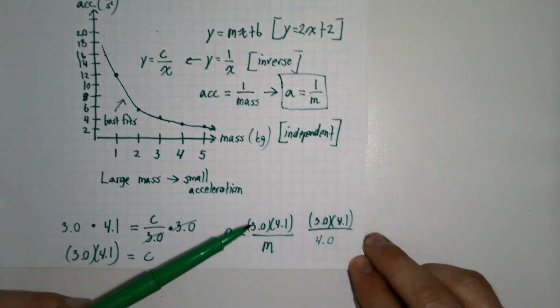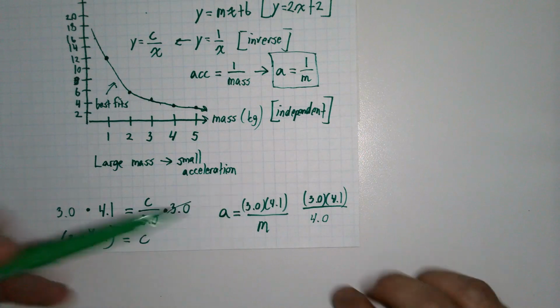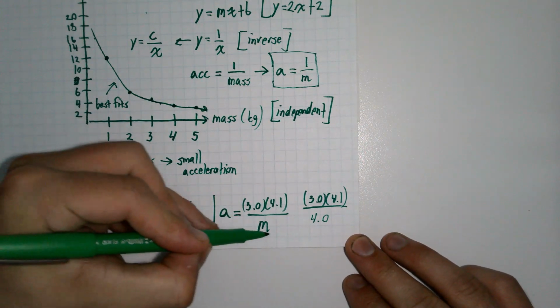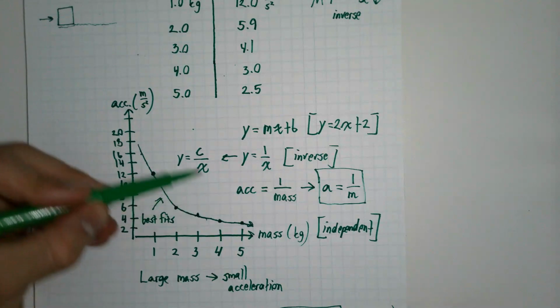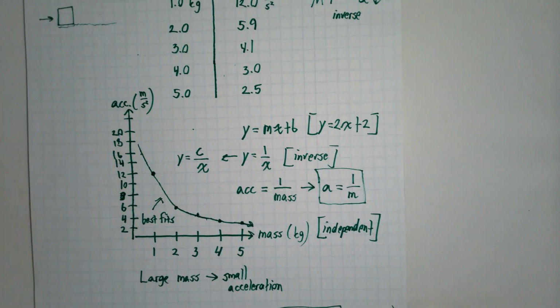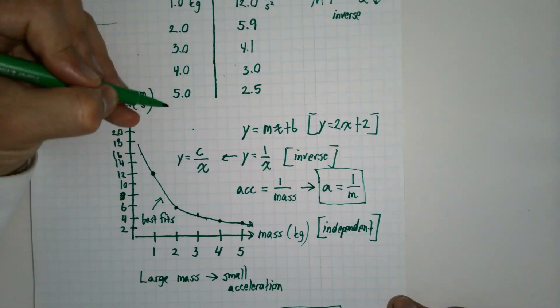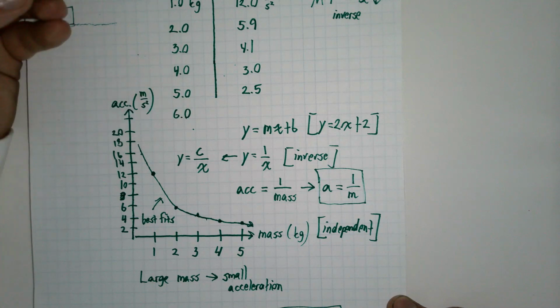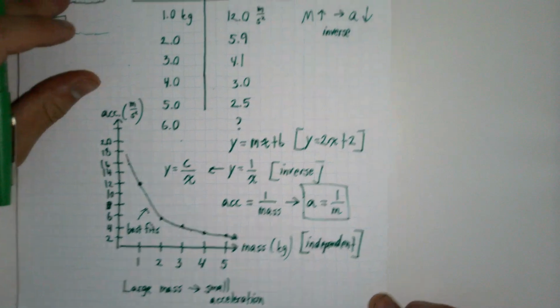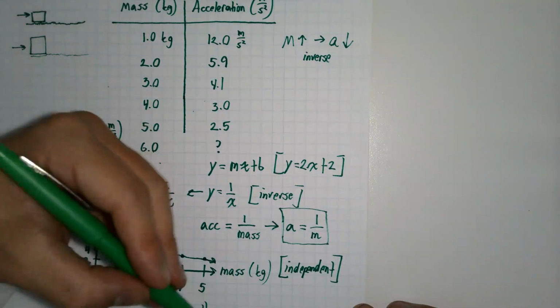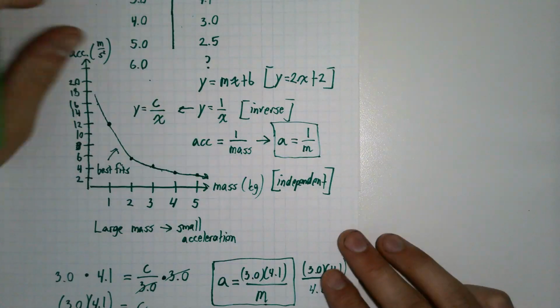And then we put that into our general equation. Here is our general equation right here that describes as a best fit what is going on in here. So that, say if we needed to find, well, if the mass was 6.0, what would be the acceleration? We could find that out. We just need to use our equation that we have down here.